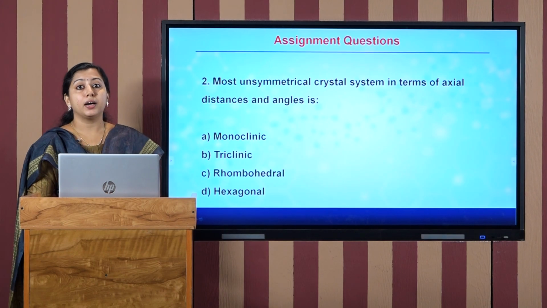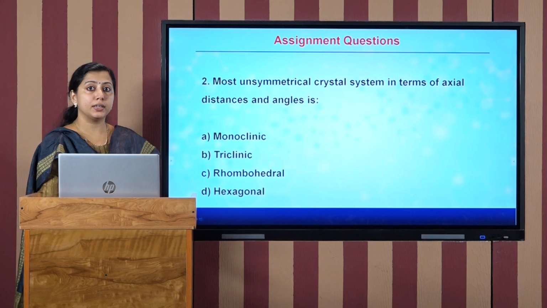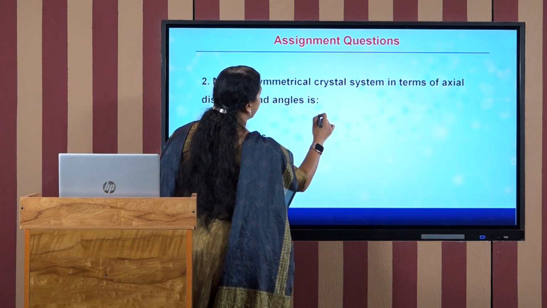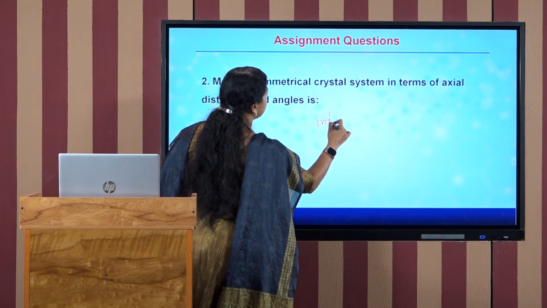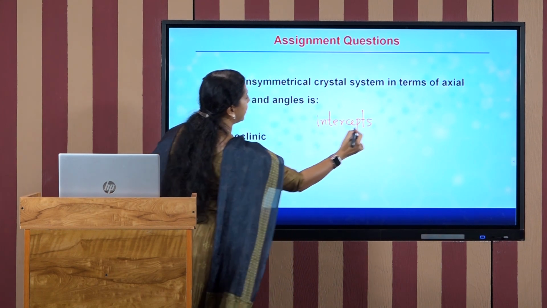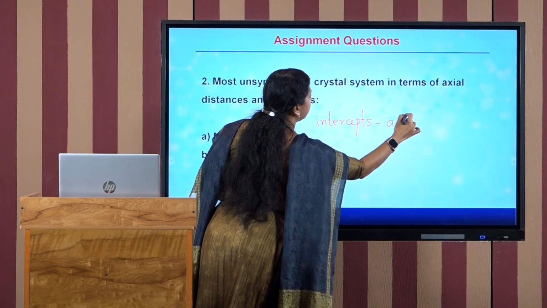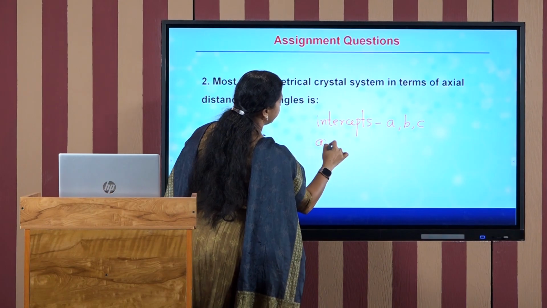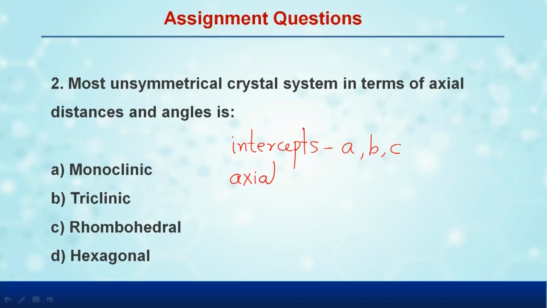We know that a crystal system is characterized in terms of the axial intercepts, namely A, B and C, and also axial angles alpha, beta and gamma.